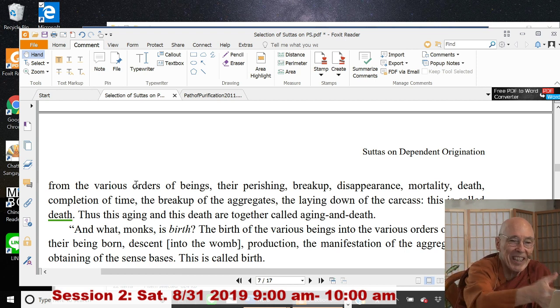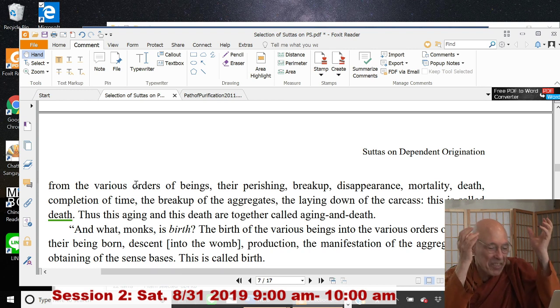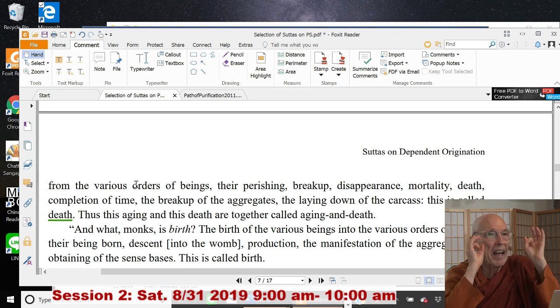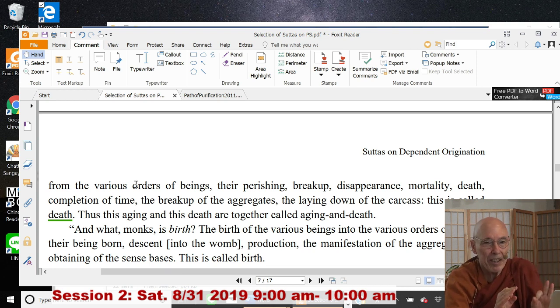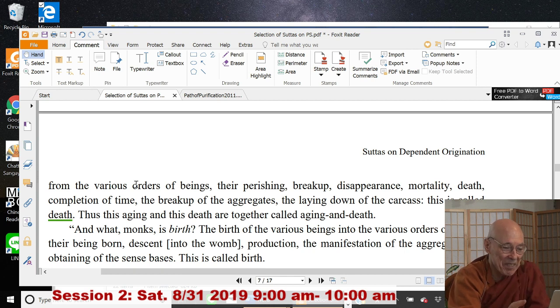But you could see here that these definitions are just very, very clear, direct, using everyday terms to explain what we normally think of as old age and death. So it's clear to me that old age and death should be taken literally, in dependent origination.